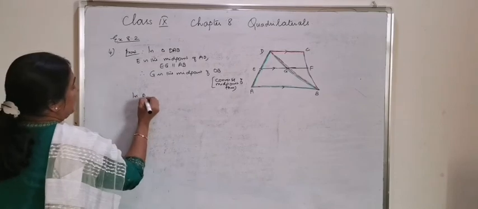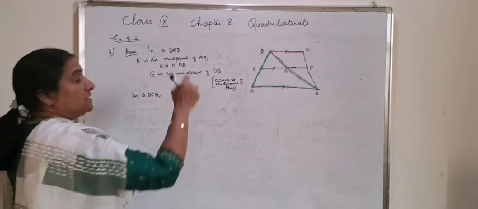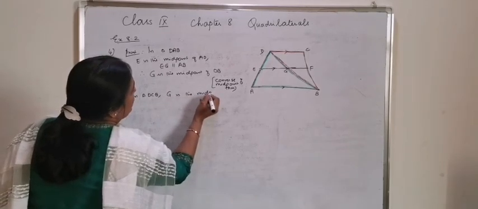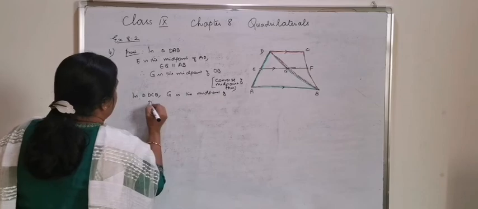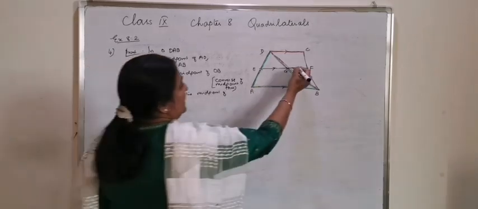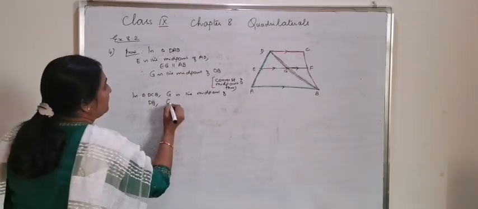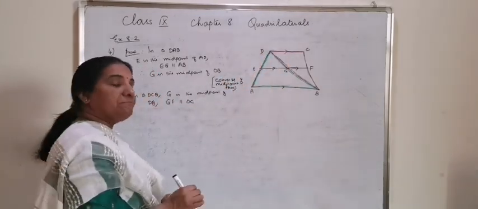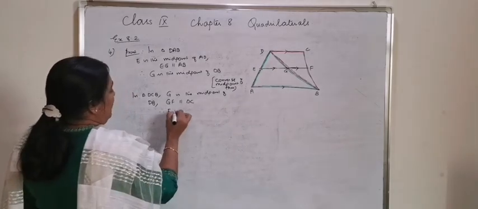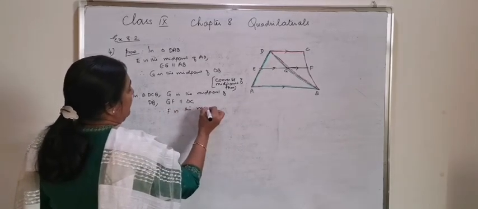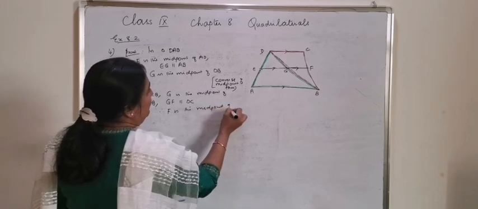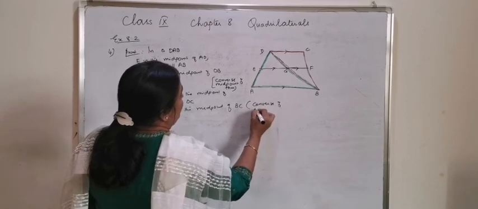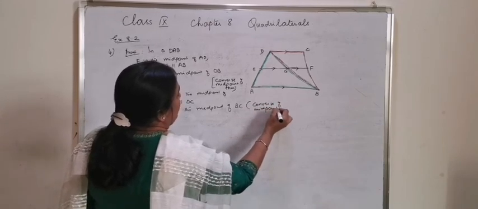G is the midpoint of DB, GF is parallel to BC, because AB and BC are already parallel. Therefore, F is the midpoint of BC, again by the converse of the midpoint theorem.